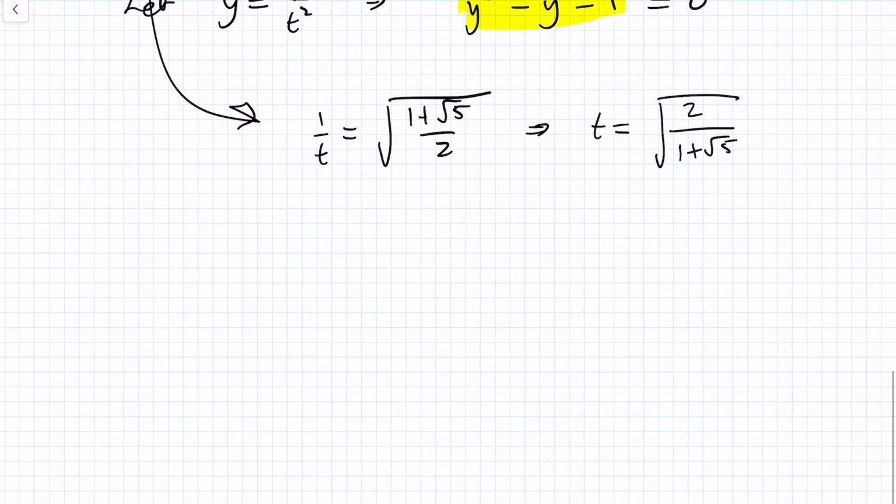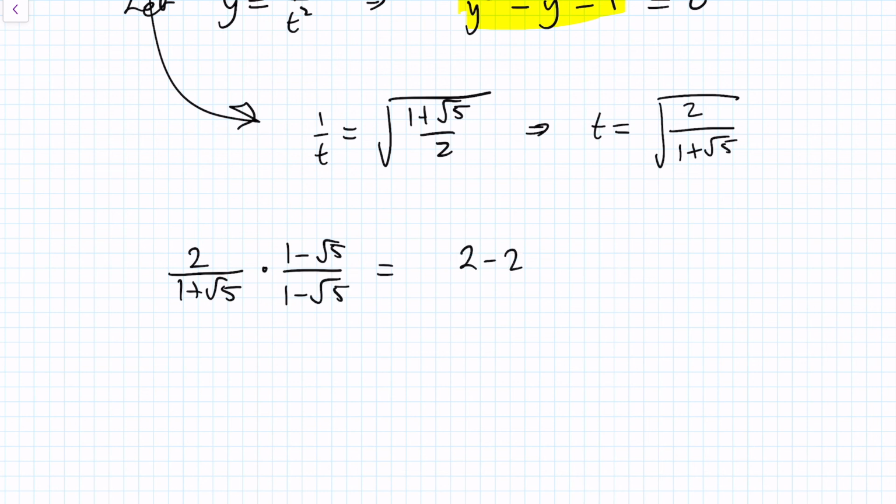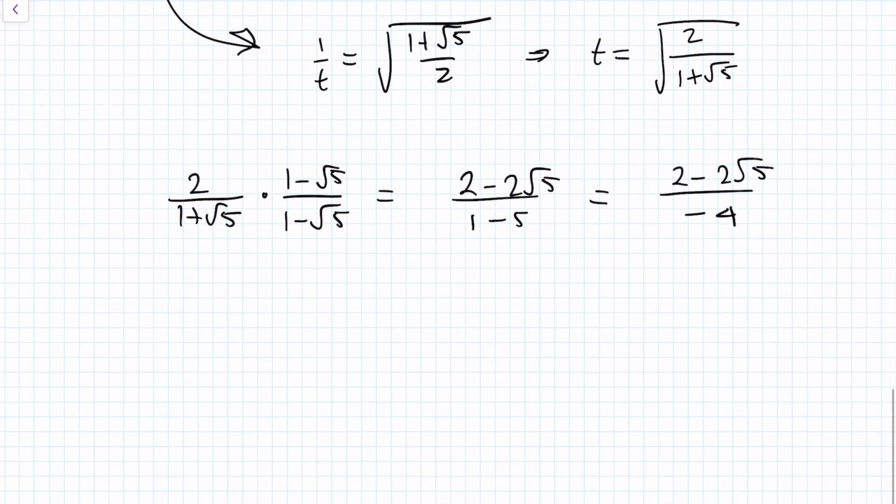Now let's focus on the term in the square root sign. Let's rationalize the denominator. 2 over 1 plus root 5, that's equal to 2 minus 2 root 5 divided by 1 minus 5, that's equal to 2 minus 2 root 5 divided by minus 4.